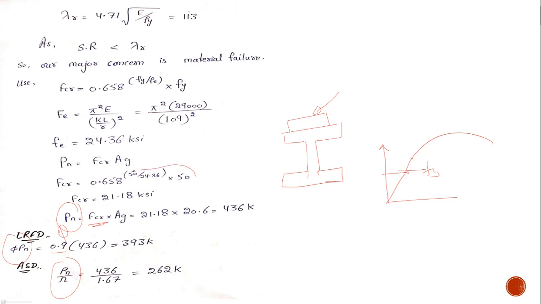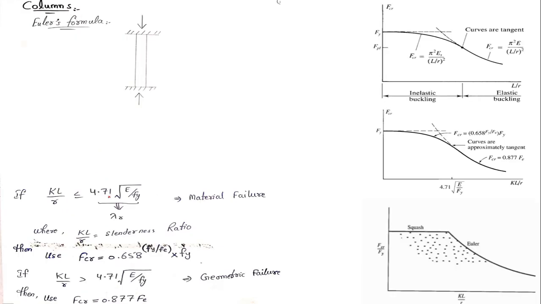So I have used this equation. Now, if you recall, this equation is related to geometric failure, and how? You had to decide whether to use this equation or this equation. Sorry, it is related to material failure.